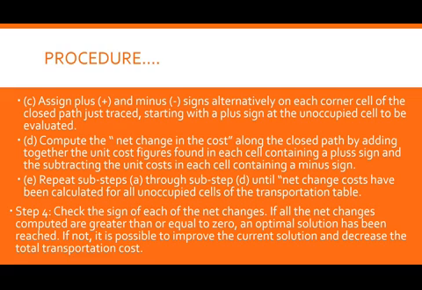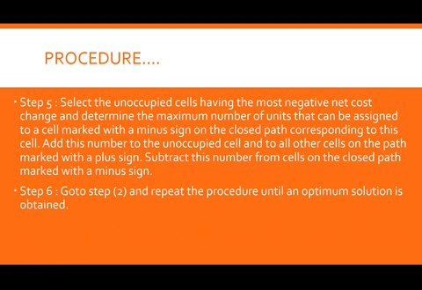So that indicates that optimization can still be done. If further optimization is possible, there will be a further reduction in the TTC. Fine? So if there is a further reduction in the TTC possible, how to do it? Go to step number 5.